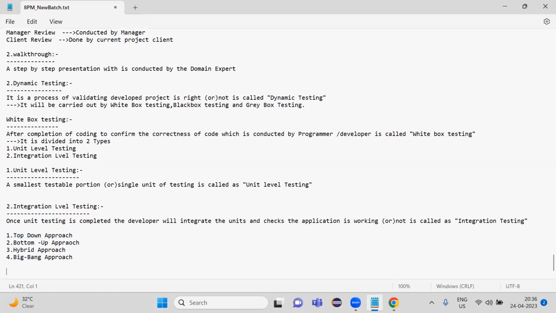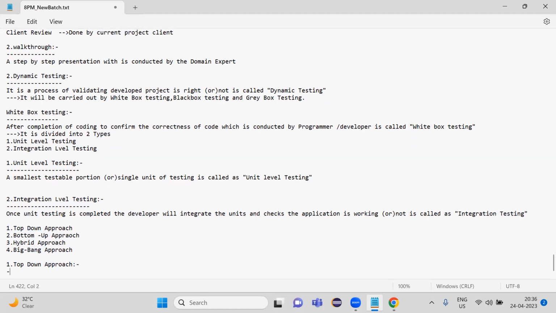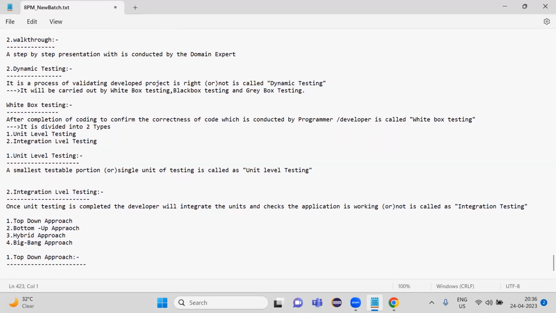See, I will give the definition. What is the top down approach? This approach is recommended when there is any incomplete program at bottom level.